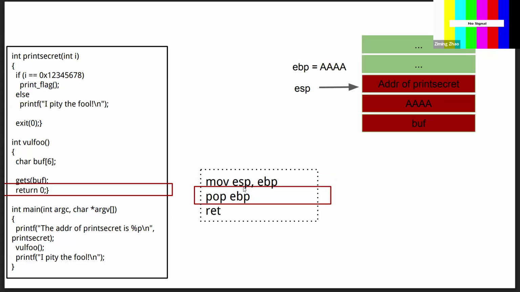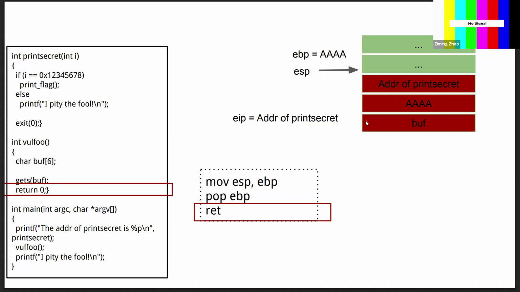Then we're going to pop EBP, so the EBP will have the value of those 4 A's now. ESP moves up and points to the address of print secret. Then we execute return. ESP will be past the address of print secret, and EBP will have the value of the 4 A's, which was garbage we put there, right?